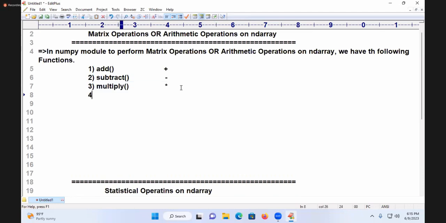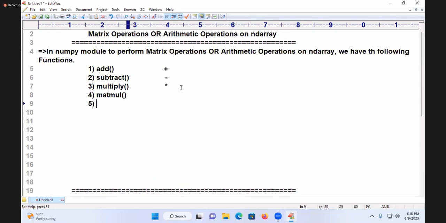For that, the fourth one is matmul. And one more similar to that is dot product. Do you know dot product?